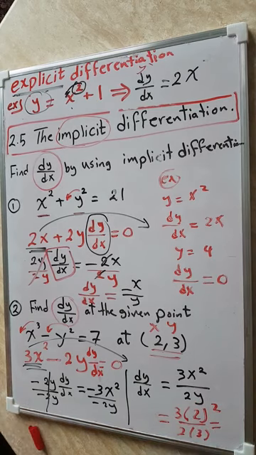Then simplify this one. 2 power 2 is 4, 4 multiplied by 3 is 12, right? 3 multiplied by 2 is 6, so it is over 6. 12 over 6 is 2. Thank you.